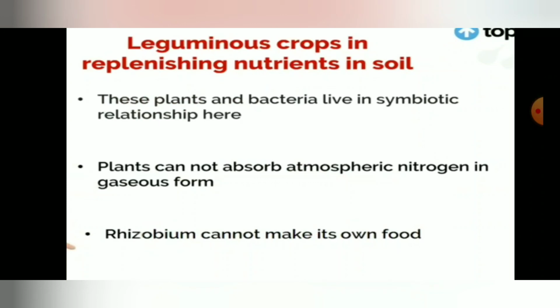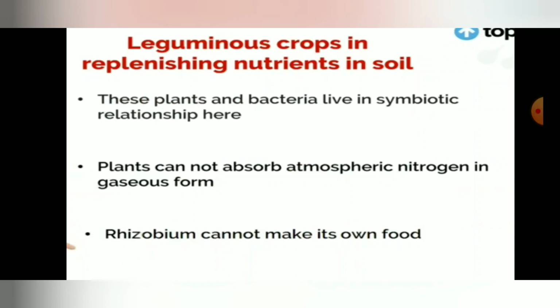In the 6th standard you heard about the symbiotic relationship. Not only in the 6th standard, in the 7th also, in the heterotrophic type of nutrition, you heard about the symbiotic relationship, right? So leguminous plants exhibit this important thing, the symbiotic relationship.